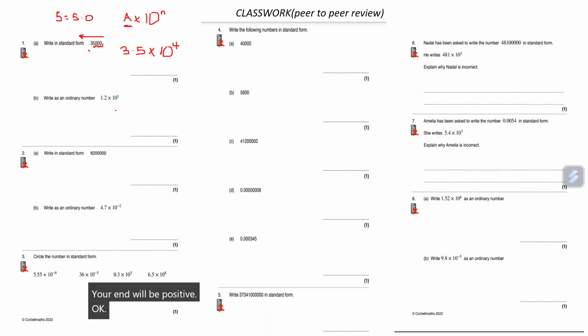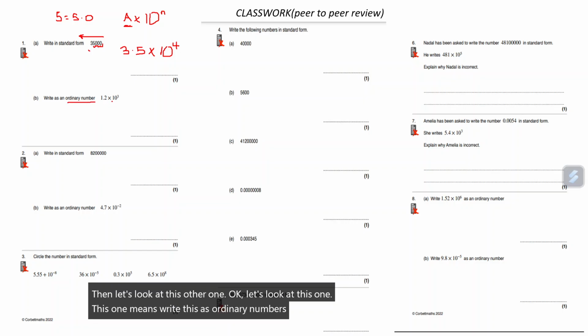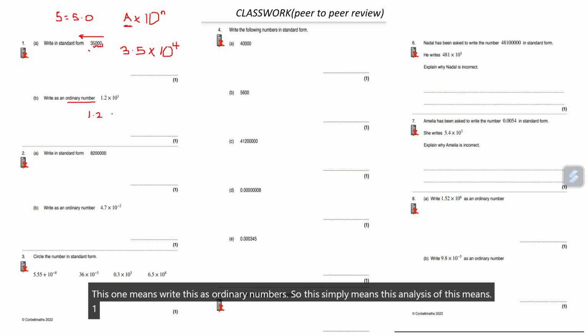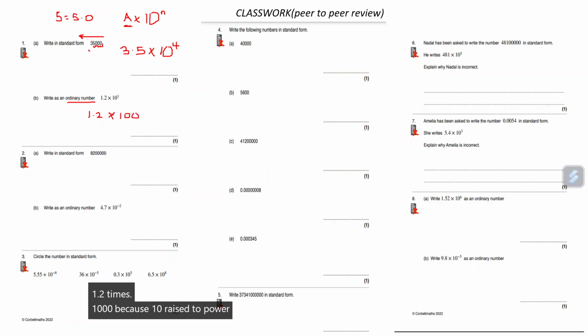Then let's look at this other one. This one means write this as an ordinary number. So the analysis of this means 1.2 times 1000, because 10 raised to the power 3 is the same thing as 10 times 10 times 10, which is 1000.